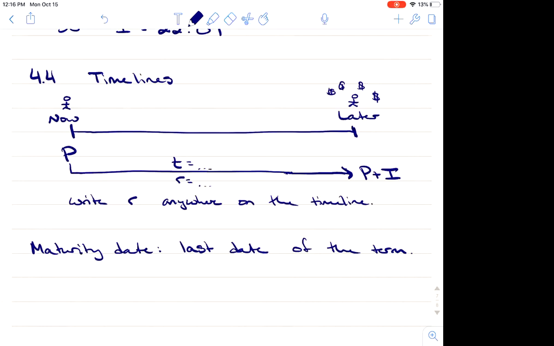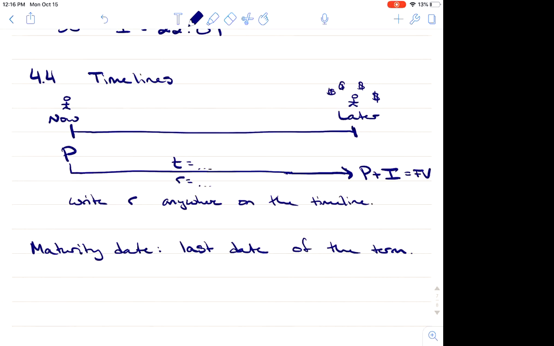We don't really talk about the principal plus the amount of interest, we usually just call this the future value. I'm sure you've heard of future values. If not, the future value is just the principal plus the amount of interest that you've earned. So the P plus I is the future value.